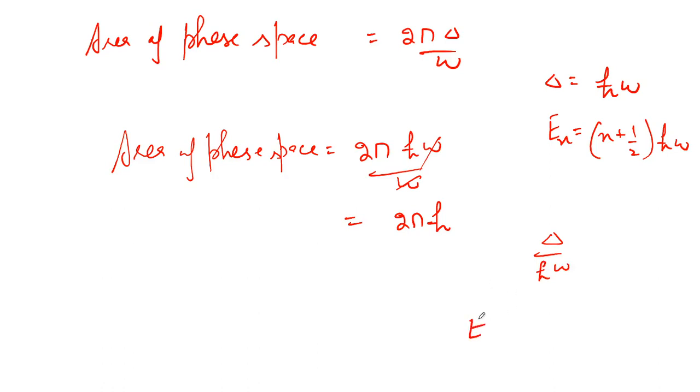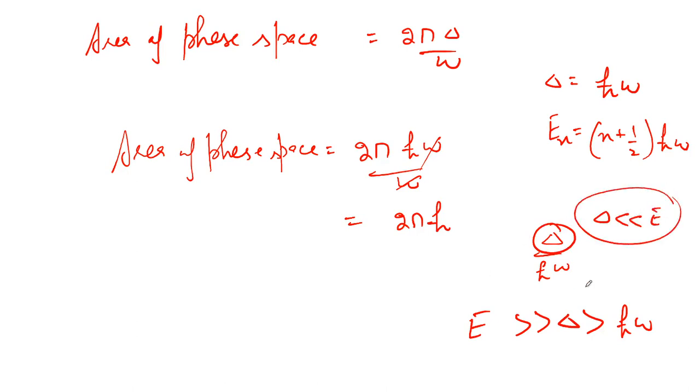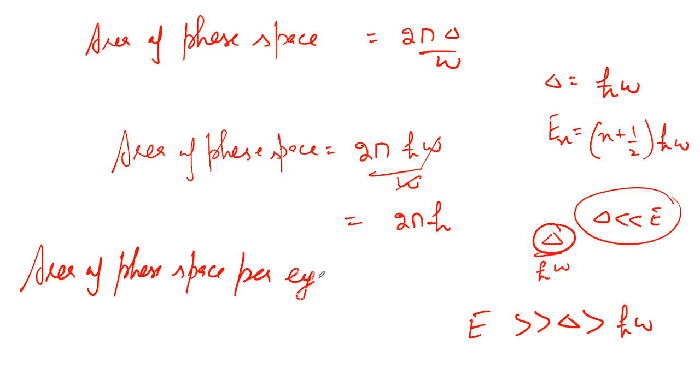The energy lies within this range, and the value of delta is very small with respect to the energy value, lying between these two limits. And so the area of phase space per eigenstate is generally given as the volume of one microstate, or the area of one microstate, because we are solving this problem for one-dimensional motion.